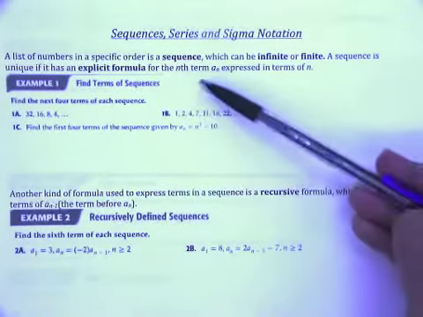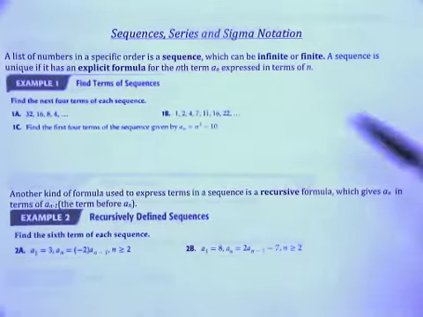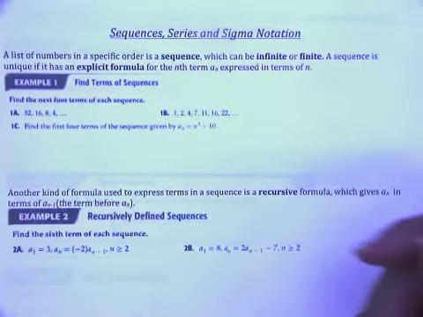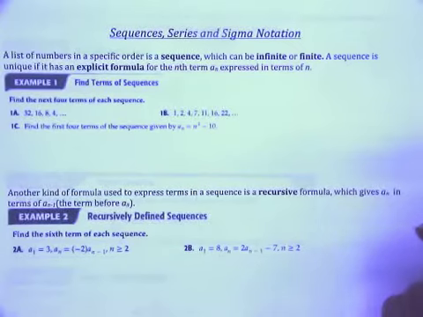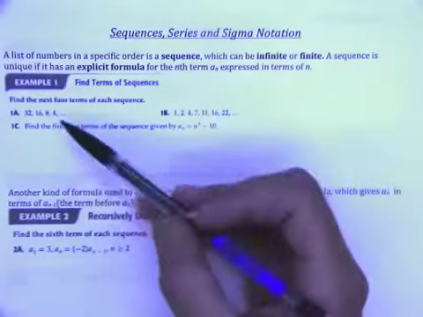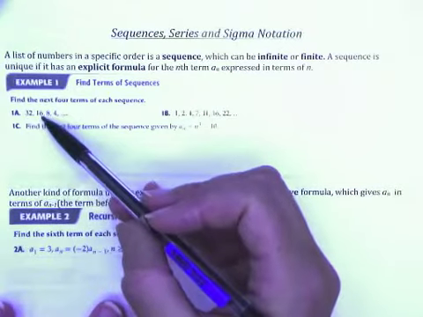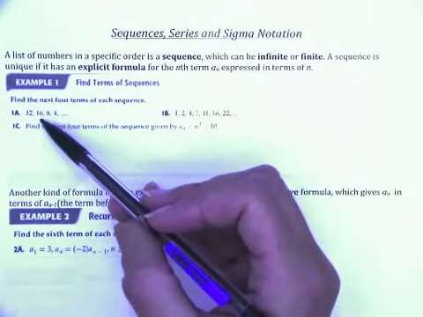So in example 1, we're just using the pattern that we observe to find the next 4 terms of the sequence. Now, it is possible to have more than one possible correct answer, but ideally, based on what's happening in the previous terms, let's continue that pattern. So in part A, I look at my first 2 numbers, 32 to 16, and that is half.